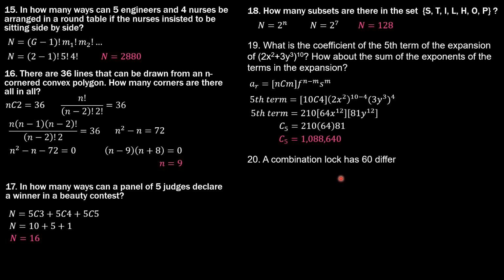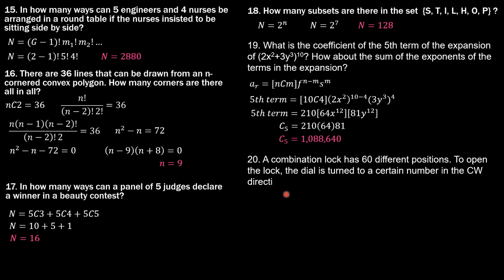Finally, 20, because the video is long. A combination lock has 60 different positions. To open the lock, the dial is turned to a certain number in the clockwise direction. Then to a number in the counterclockwise direction.